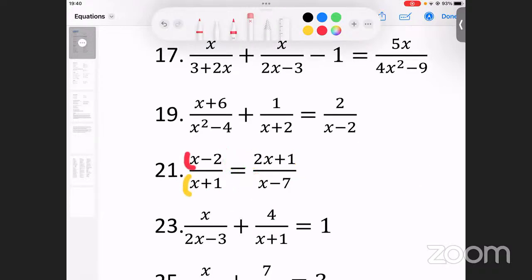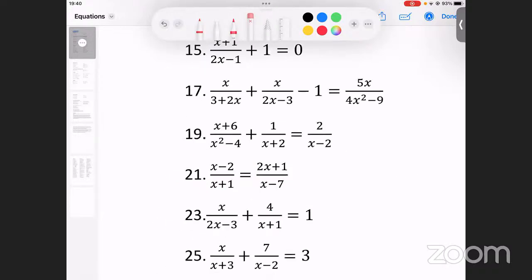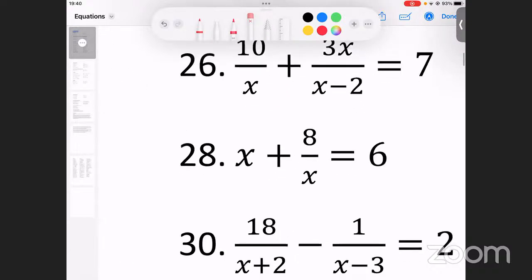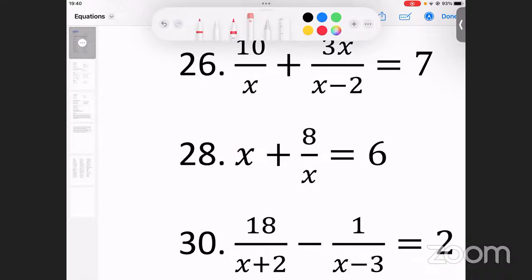Maybe here's the last one. Let's look at 28. Yes, for 28, what would you do for that 28?